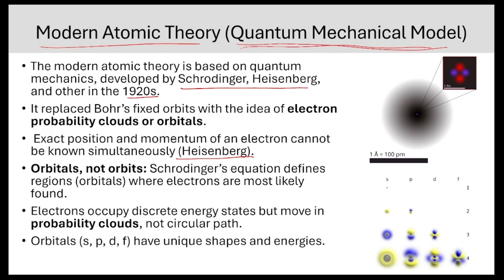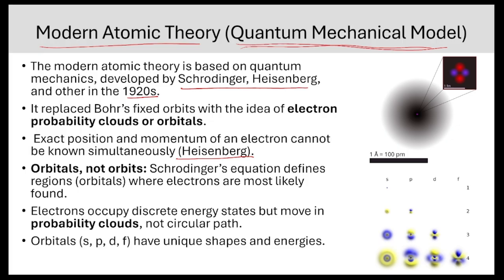Since we cannot know the exact momentum, or in other words the velocity, of an electron and its position within the atom, we cannot define the fixed path of the electron like it was defined in Bohr's model.